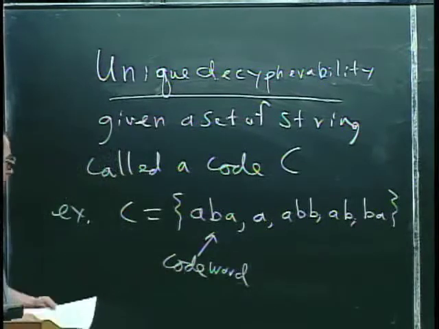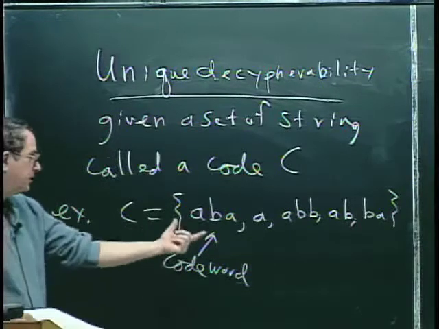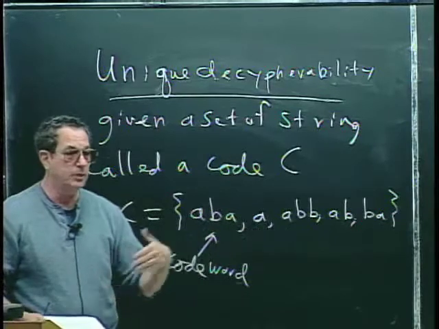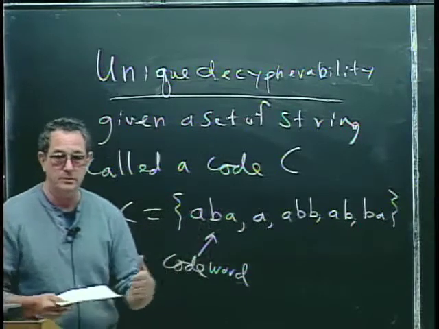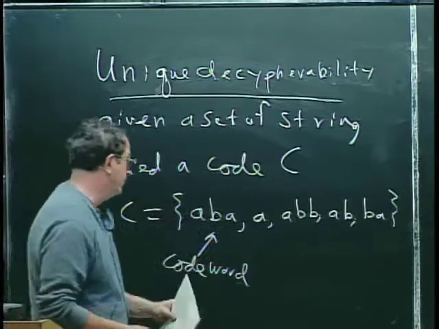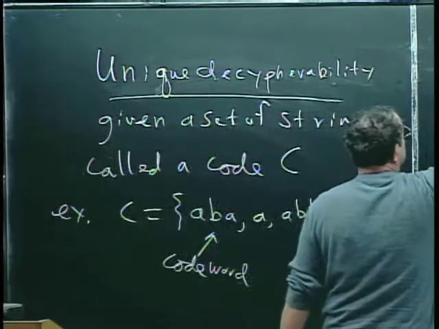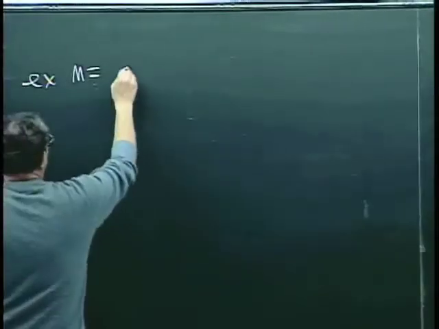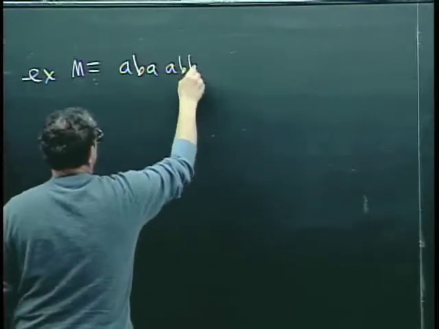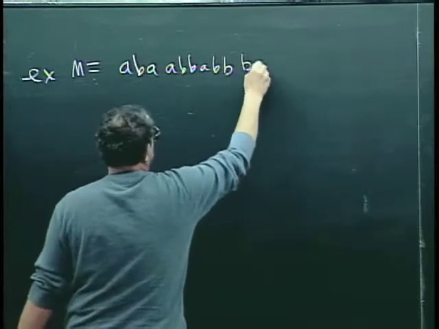What you're able to do is make messages by selecting code words and concatenating them. You can use a code word as many times as you like, so there's no limit on the length of the messages that you can create. Here's another example of a message: ABA, ABB, ABB, BAAB.